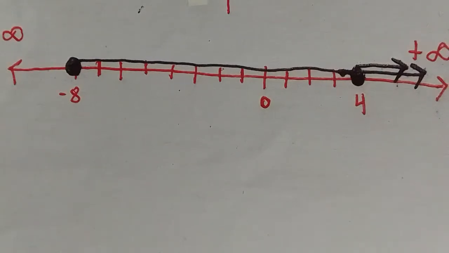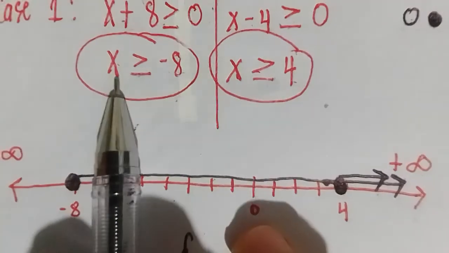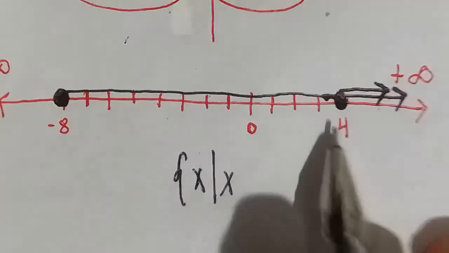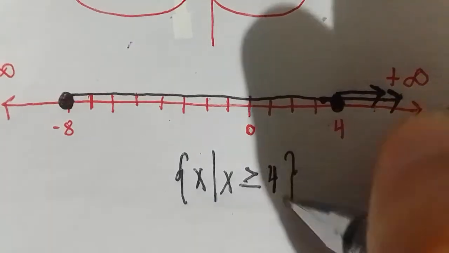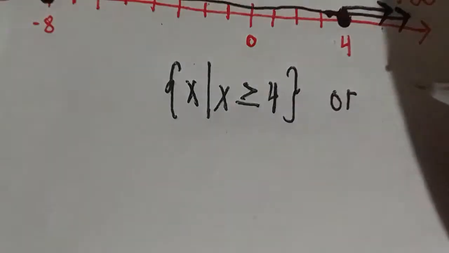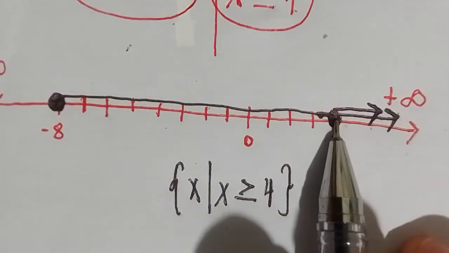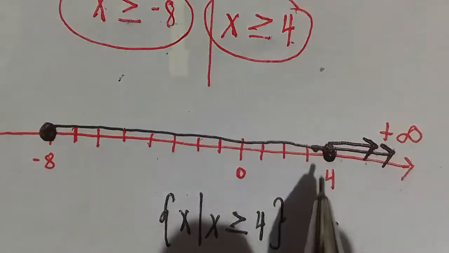So for the solution set in the case 1, we will use the variable x. So we have x such that x is greater than or equal to 4. Or in interval notation, since shaded man solid man siya, meaning to say included si 4.